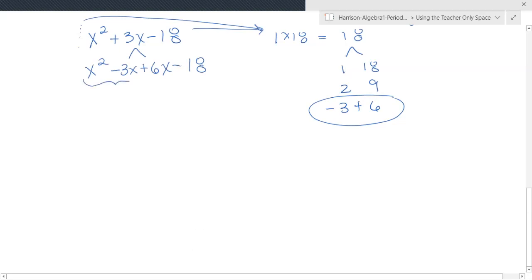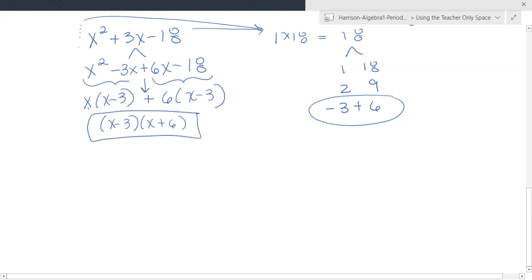So I've got this pair and this pair. Factor out an x, that leaves x minus 3. Bring down the plus, factor out a 6, and that leaves x minus 3. Now, what do these have in common? X minus 3, and that leaves x plus 6. And that's our answer.